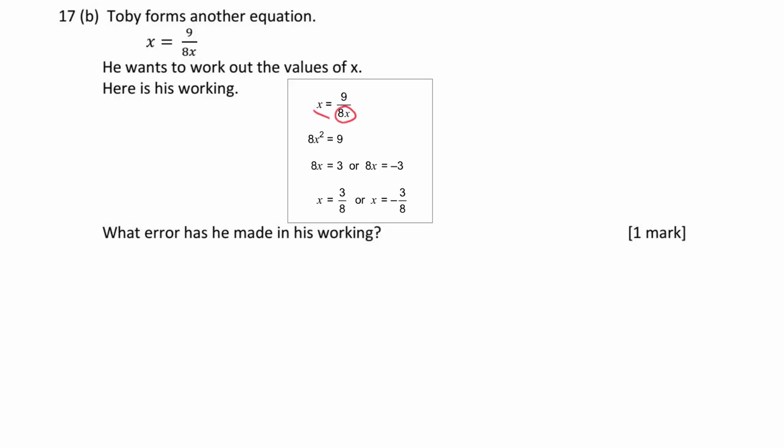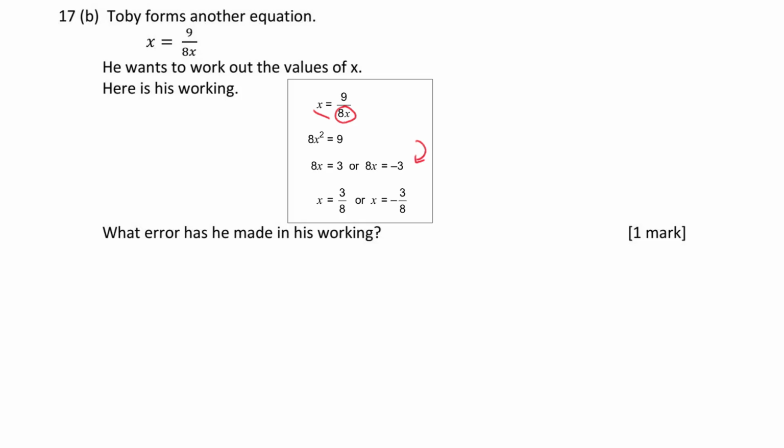What error has he made in his working? It's this bit here where he's gone from here to here. So he square roots both sides, and he's saying, well, the square root of 8x squared is 8x, and the square root of 9 is plus or minus 3.